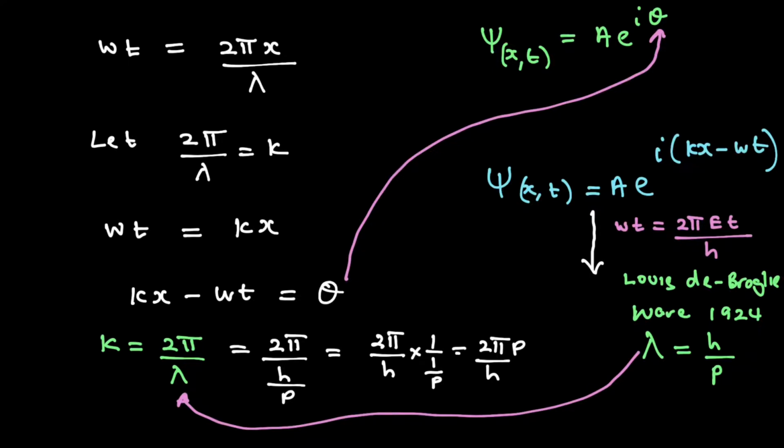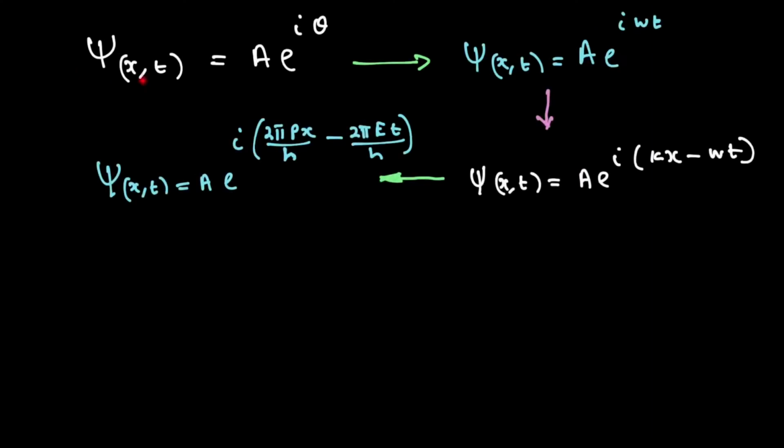So now let's go to the next part of the equation. We started off with this equation, and we're trying to change that angular displacement to have a component of x and t. And we did that by arriving at this omega t.